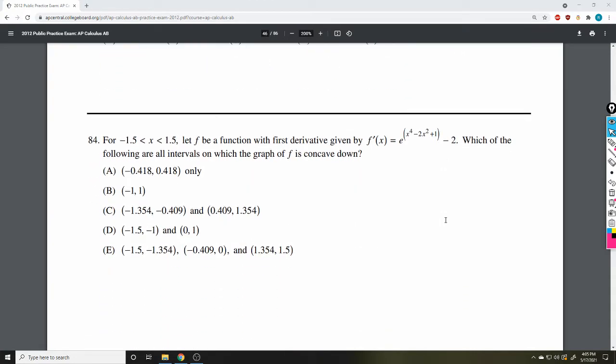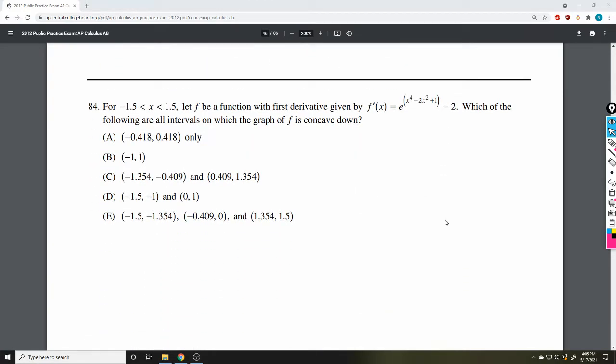84. I want to know when f is concave down. Well, we just got finished talking about this. This is my first derivative, so this is when f prime is decreasing, which will mean the second derivative will be negative, which means that f will be concave down.